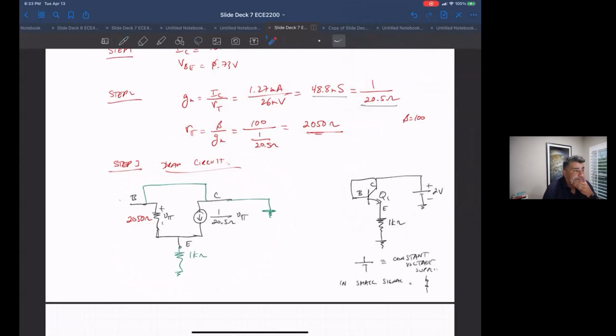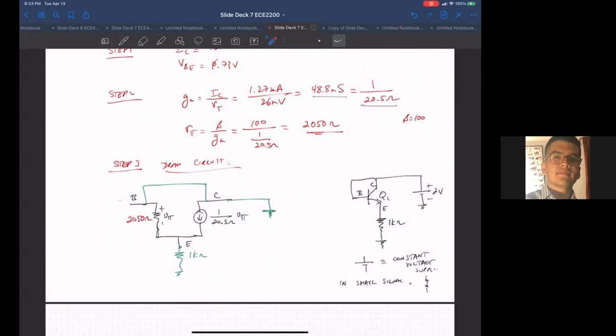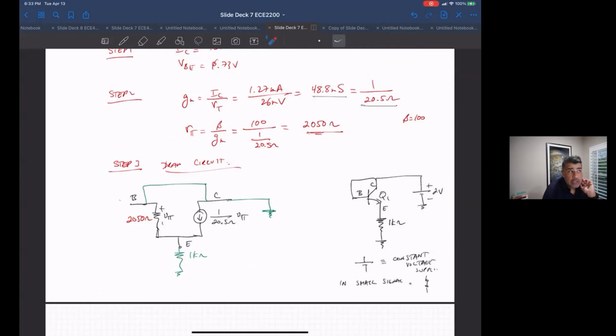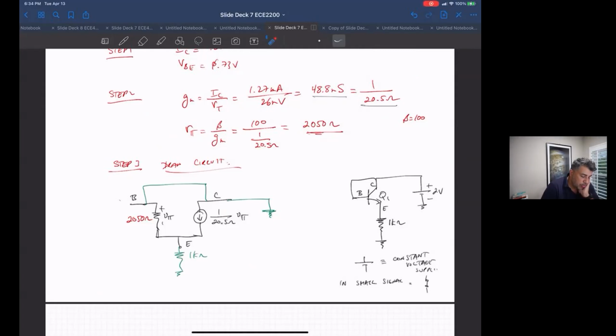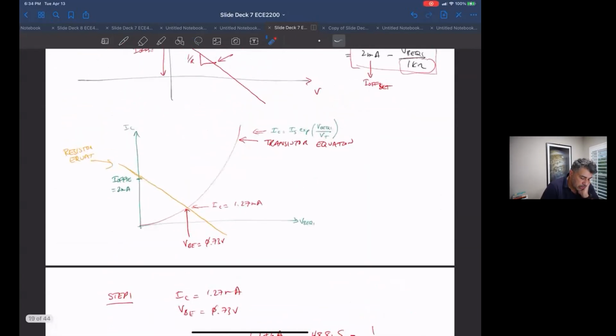Any questions, guys? Professor, I have a question. Go ahead. How do you get IC again for step 2? That's the whole procedure we went through, the crossing point between these two is the bias point.